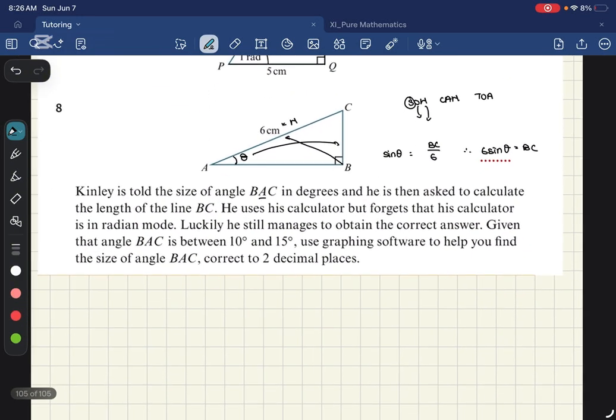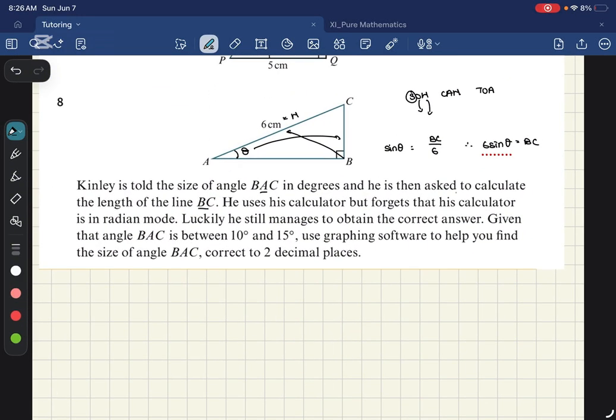Alright, so he uses his calculator but forgets that his calculator is in radian mode. Luckily, he still manages to obtain the correct answer. So basically, he was given it in degrees and he used radians. So the actual question is you have 6 sine theta in radians gave you the same answer as 6 sine theta in degrees.